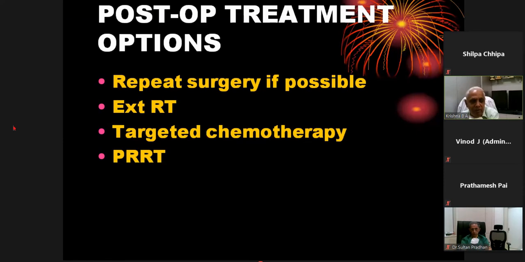Post-treatment options are, as I said, repeat surgery if possible, external radiation, and now, in the recent few years, an excellent targeted chemotherapy has come up. And there is also a thought process of using isotope-labeled therapies, which is still not proven, it is still in the offing.